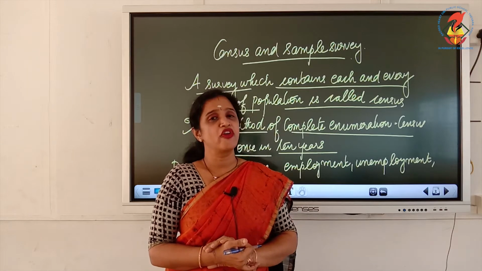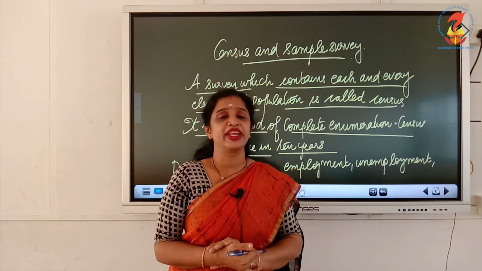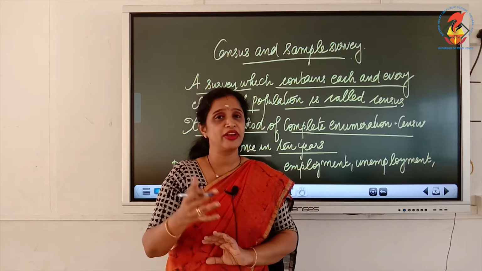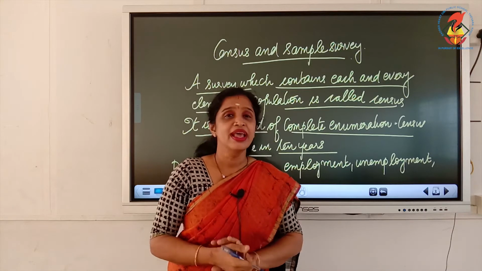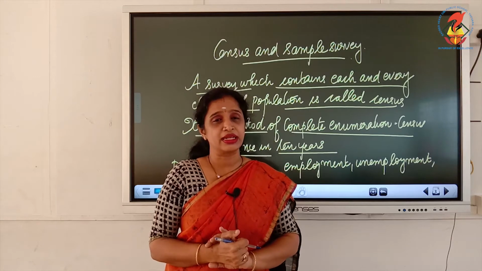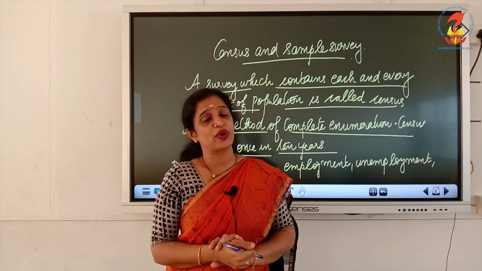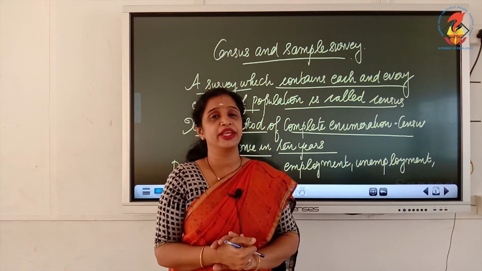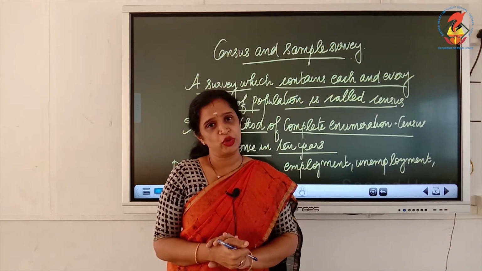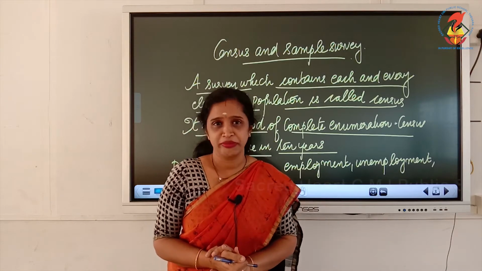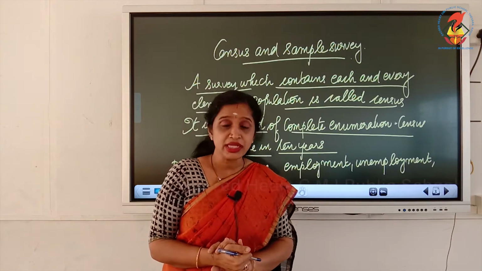I told you the government officials are given the duty of taking the census. They will visit each and every family. They will move from one house to another house and they will be collecting the details regarding each and every member of a family. So that is why it is known as a complete study or method of complete enumeration. Nobody is left out in collecting the information. So such a study is known as census.